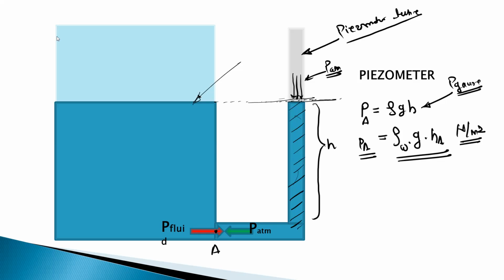Just imagine this is a closed tank, and we don't know the liquid height in this tank. If you connect the piezometer, then just by observing the height of the liquid in the piezometer tube, we can get the height of the liquid in this tank. It is the same height.